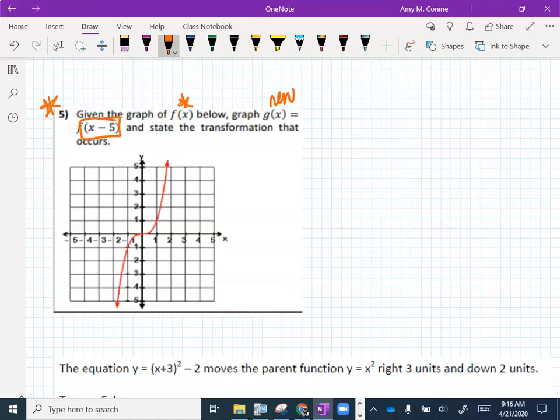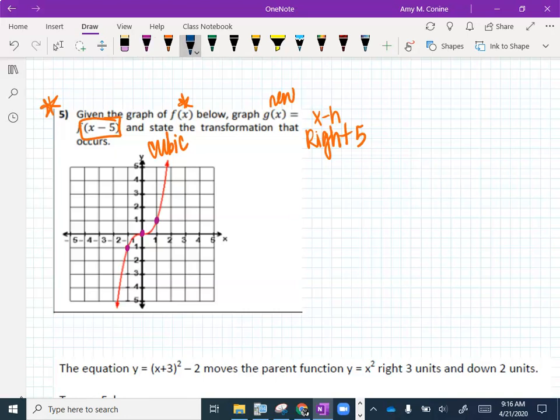Okay, so this function right here, we haven't talked much about. This is a cubic. In that cubic function, you're putting in a minus 5, which is just the x minus h. So you're going to move this function right 5 units. And the only real points you have are these 3, and I believe we talked about those with the parent functions.